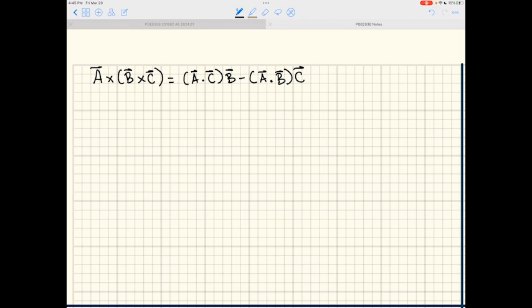What we are going to do is to calculate the W component of the left hand side. If we show the property for one component, by simple cyclic permutation we can show the property for the other components.